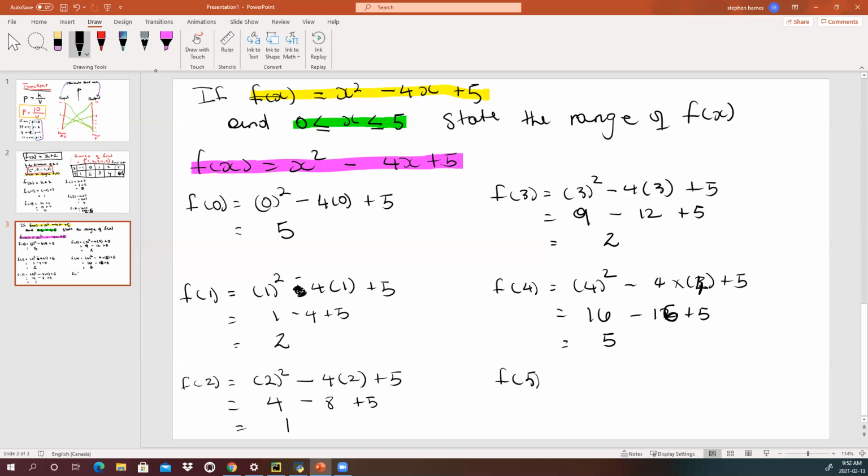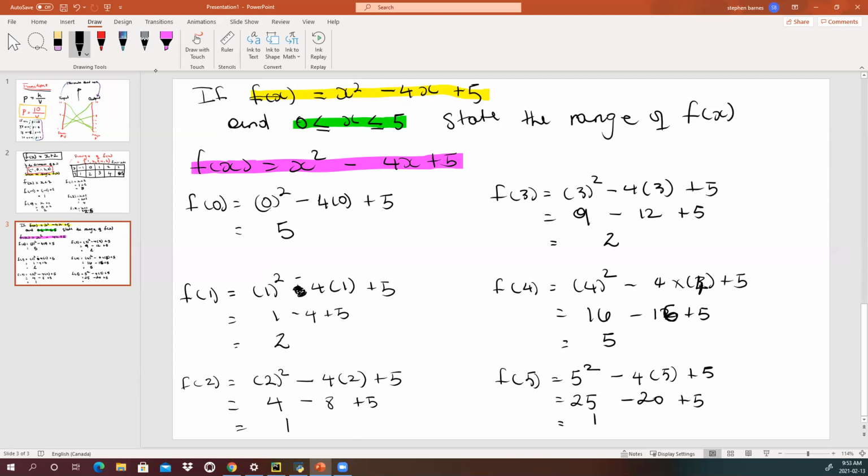And then the last one is f of 5, which is equal to 5 squared minus 4 times 5 plus 5. So you have 25 minus 20 plus 5, and that will give you 10.